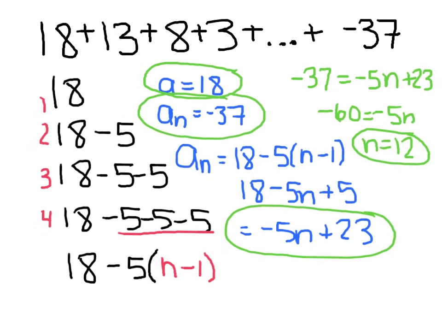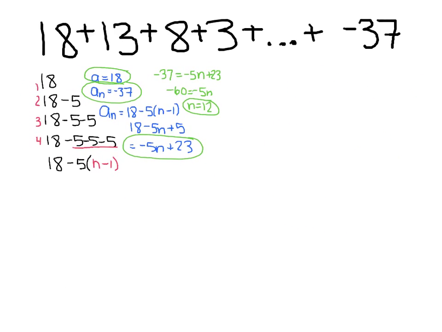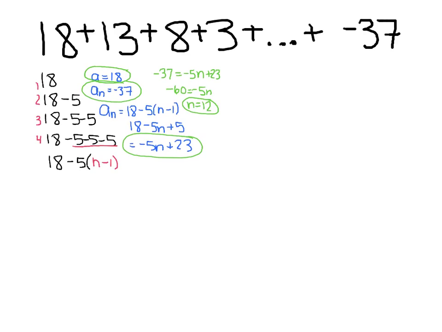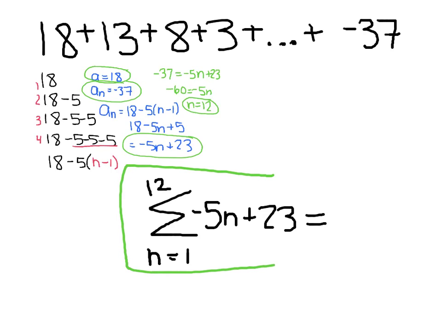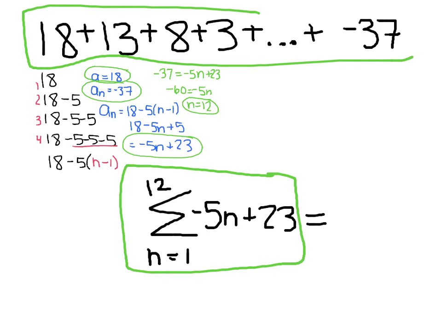And now, if I wanted to answer the question in summation notation, I could say that the sum from the first term to the 12th term of the sequence generated by negative 5n plus 23 is equal to, and now we're going to pause here. When you're writing this notation, that's just a fancy notation for this sequence.